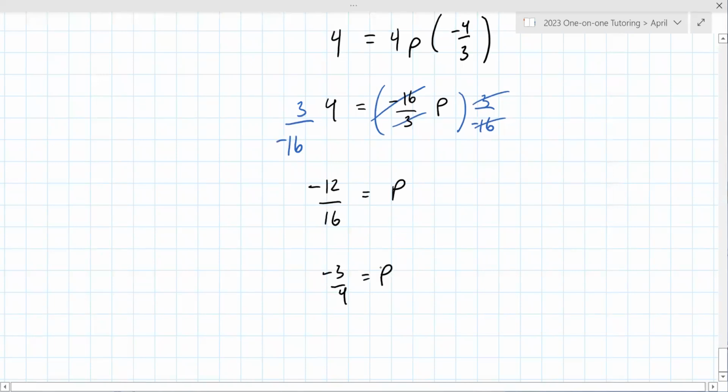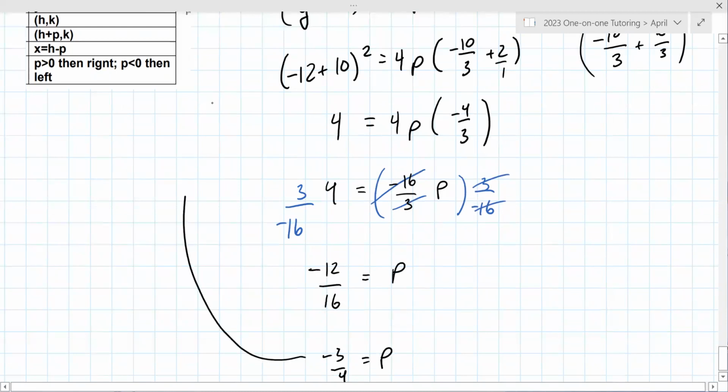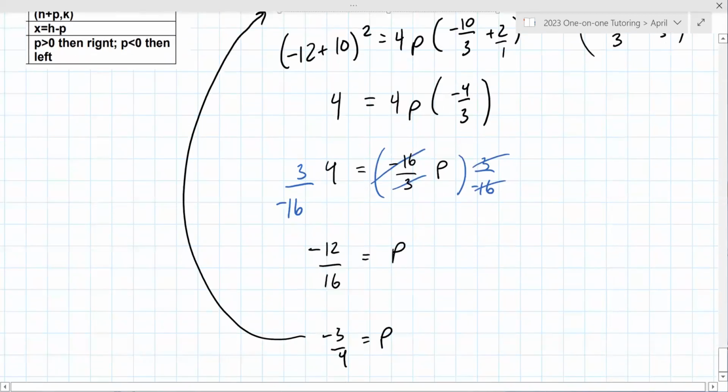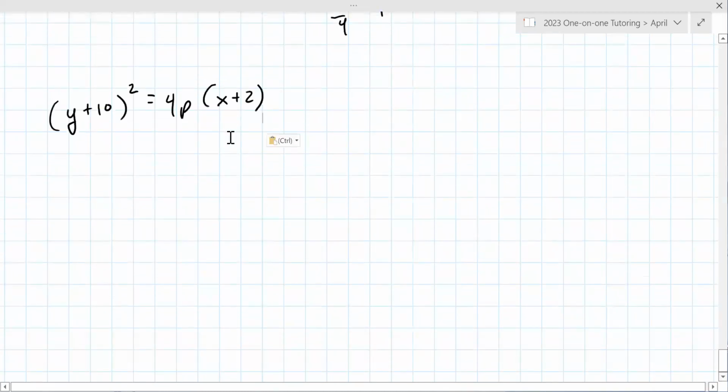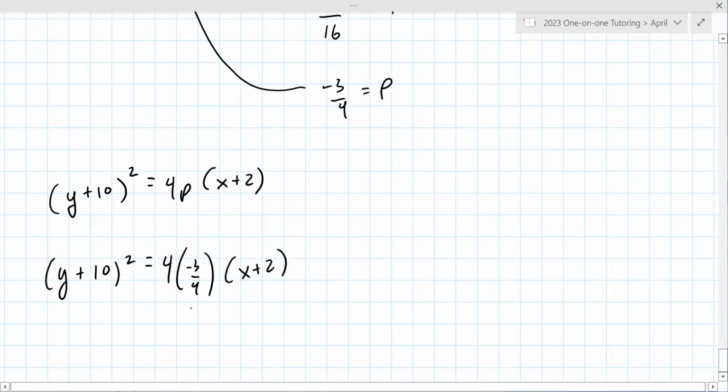Equals p. And then that goes back in to, I believe, this line up here. So you substitute that back in and hopefully you can see that there, that just goes in. So it becomes (y plus 10) squared equals 4 times minus 3 over 4, (x plus 2).